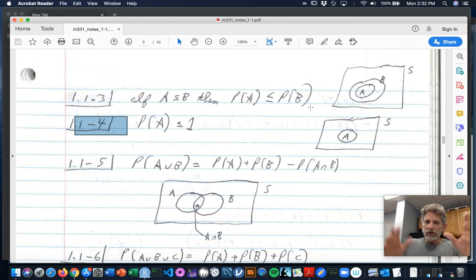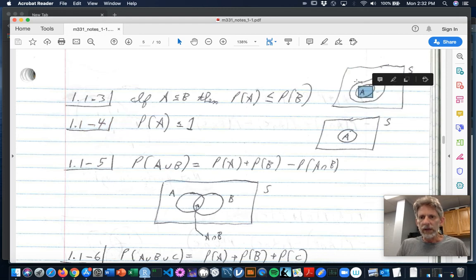Intuitively, along with these laws, you should have pictures in your head, little Venn diagrams in your head that help you remember them and keep working with them. So for like law 3, I'm drawing my sample space as this rectangle. I'm drawing A as this little circle and B as a possibly bigger circle of stuff that contains it.